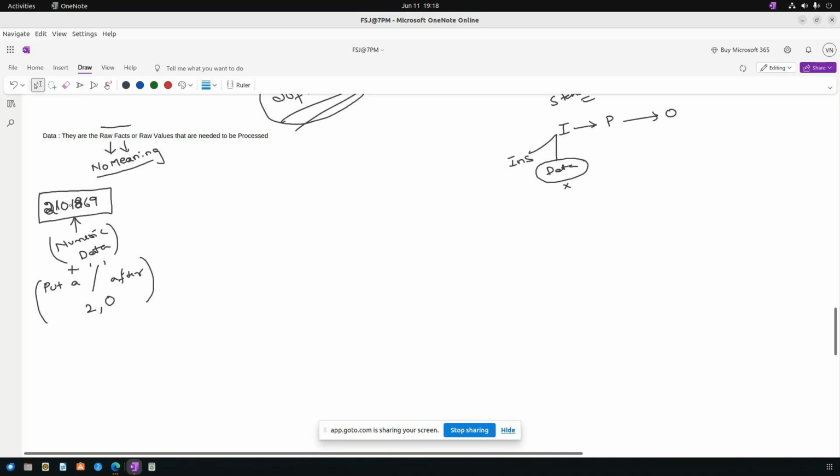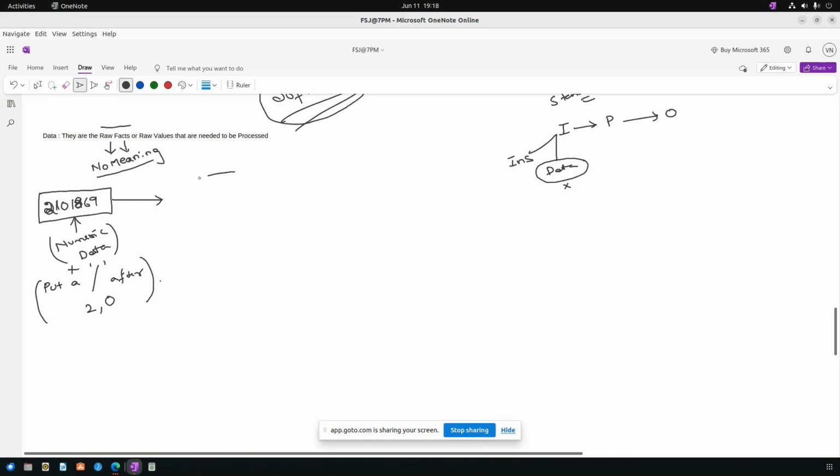So data means the raw facts that are needed to be processed. How do we process? We process with the help of instruction only. Without instruction, we cannot process. Now the processing starts. What is processing?